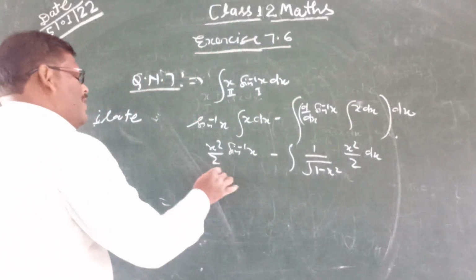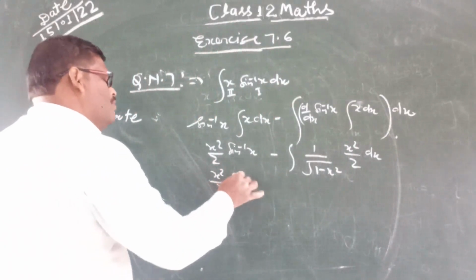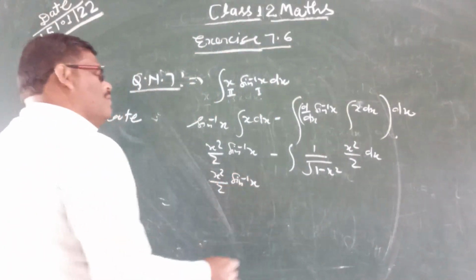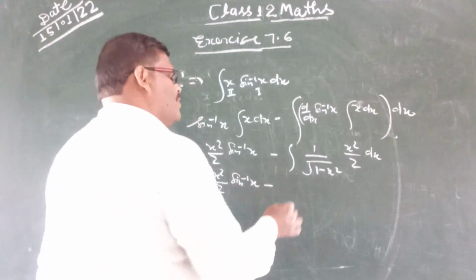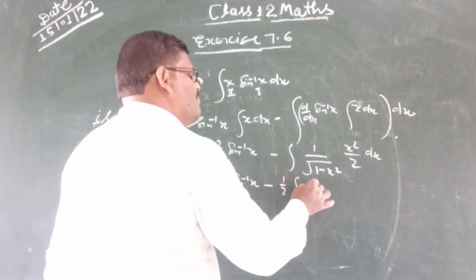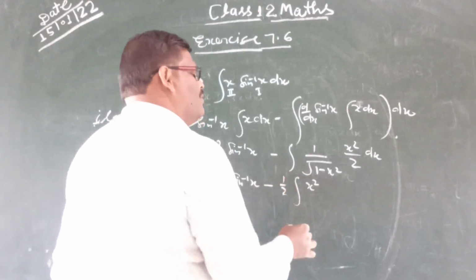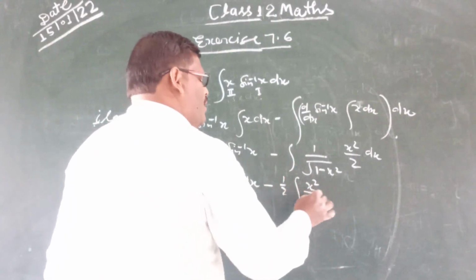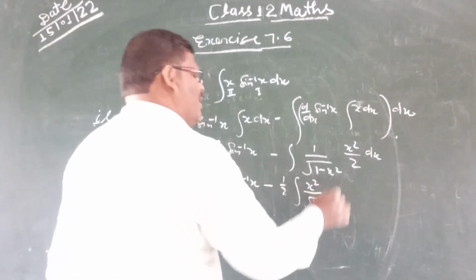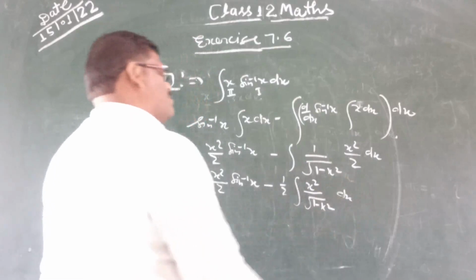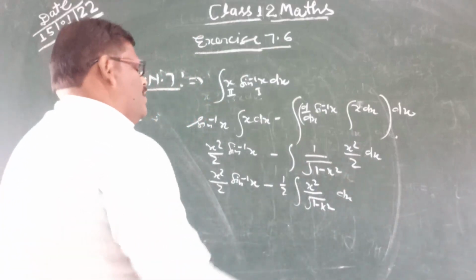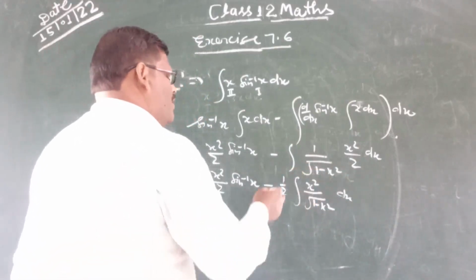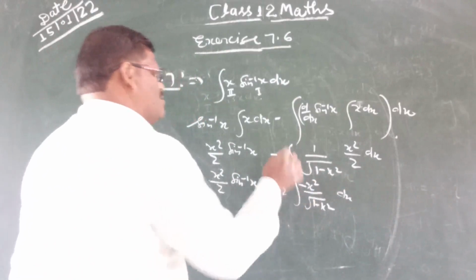Now x squared by 2 sin inverse x minus 1 by 2 integration of x squared upon under root 1 minus x squared dx. Whereas here this is negative, therefore you can take it as plus and minus, that is minus.